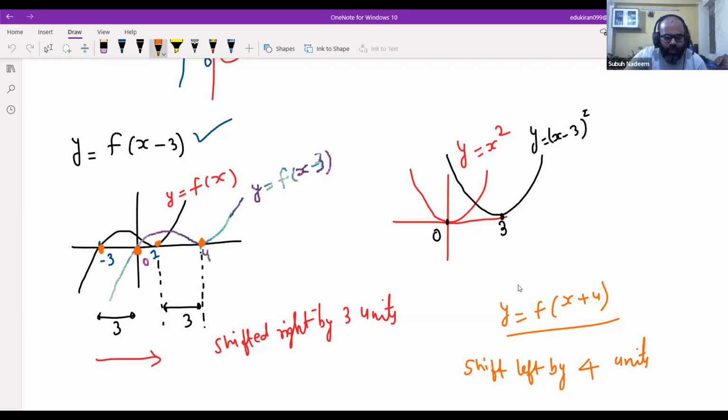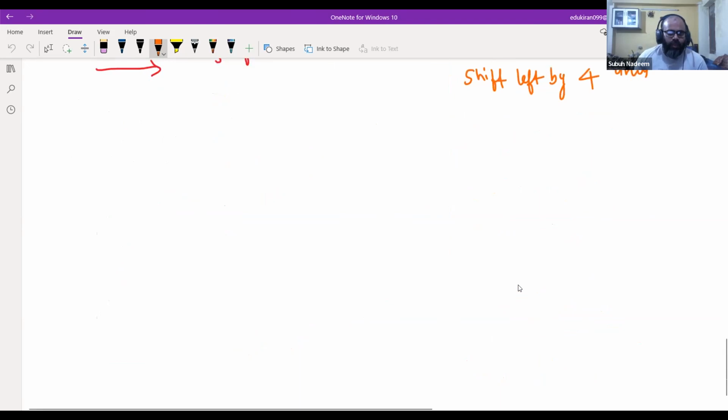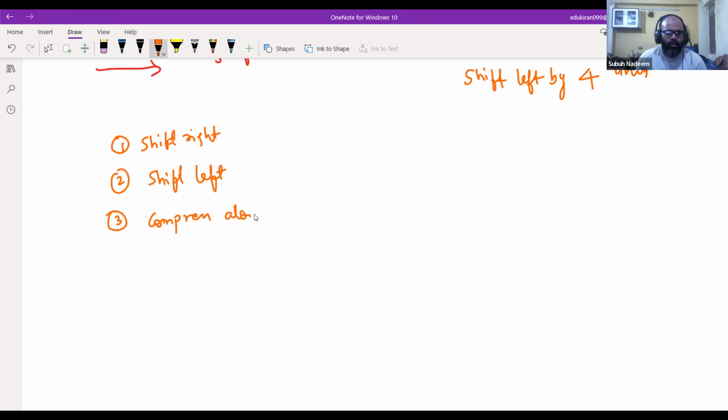Now, the next thing is, there are 4 things basically. Actually, there are 8 things. Shift right, shift left. So we have done these 2 things. Then third is compress along x-axis, and there is a stretch along x-axis.